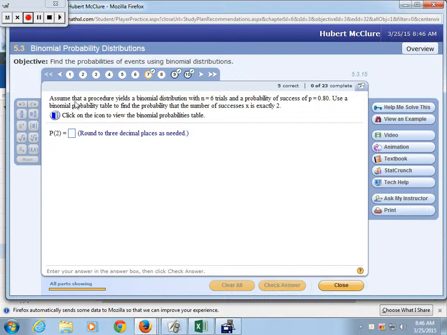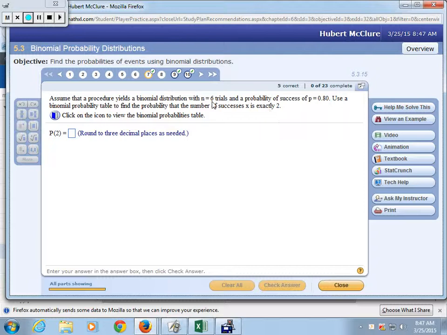Assume that the procedure yields a binomial distribution with n equal to 6 and a probability of success p equal to 0.8. Use a binomial probability. No, you don't need a binomial, you just use the calculator to find the probability that the number of successes is 2.